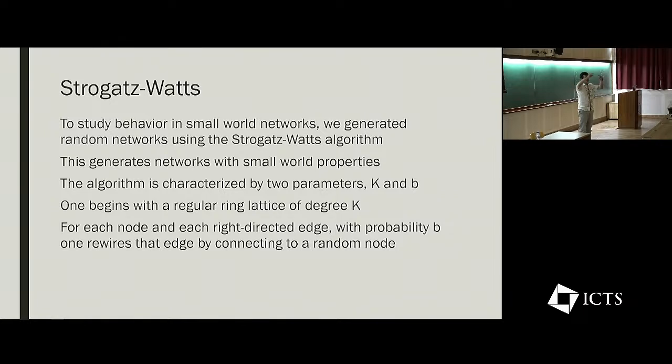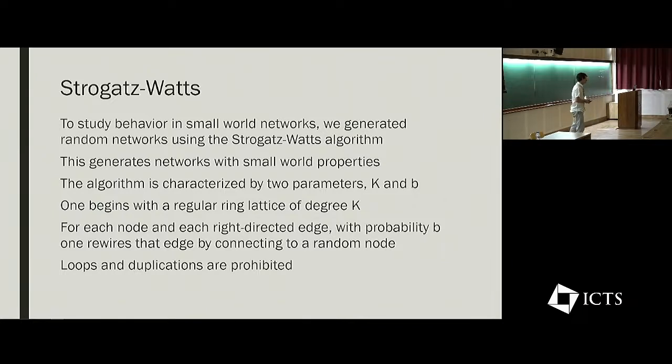With probability b for each of these edges, you rewire it. So you take that edge, with probability b less than 1, of course, and you say, I'm going to now connect to a different agent. You avoid duplications and you avoid loops, so you're not going to rewire to yourself, and you're not going to rewire to someone you're already connected to.